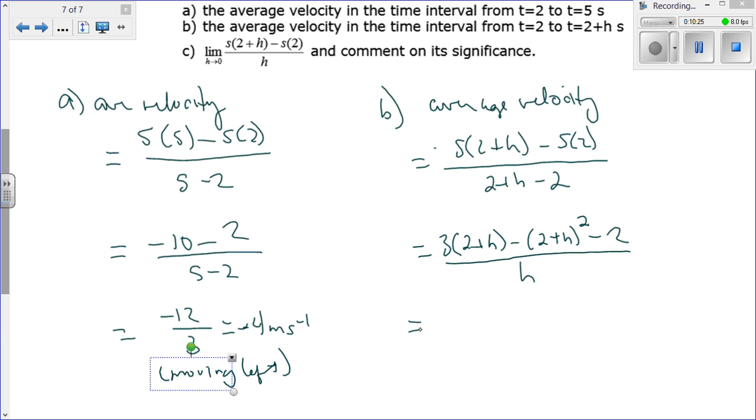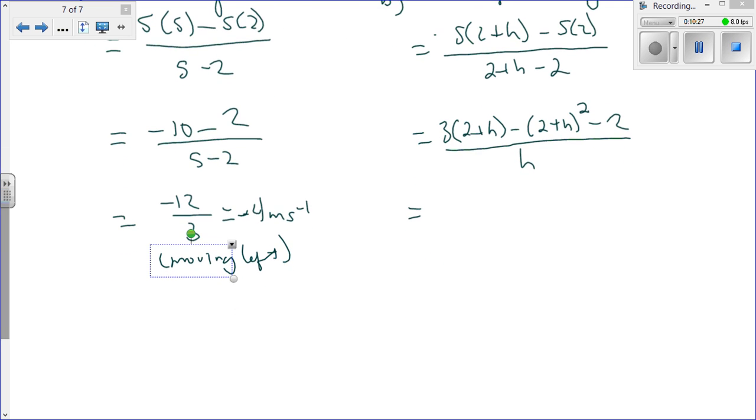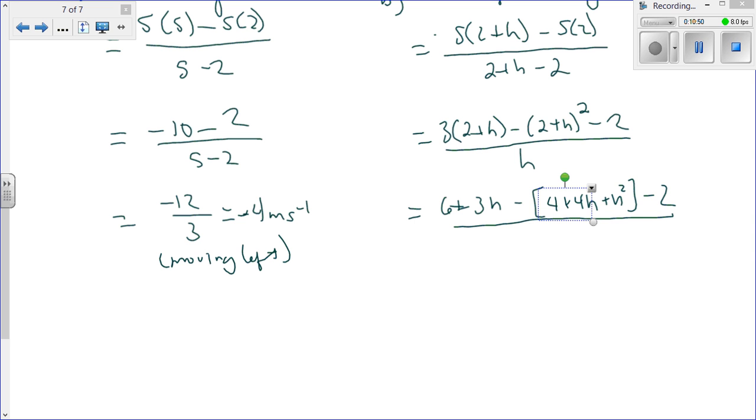So if I clean this up, I will have 6 plus 3h minus, I have to write it twice and FOIL it, or double distribution, and I will get 4 plus 4h plus h squared, minus 2, all over h.